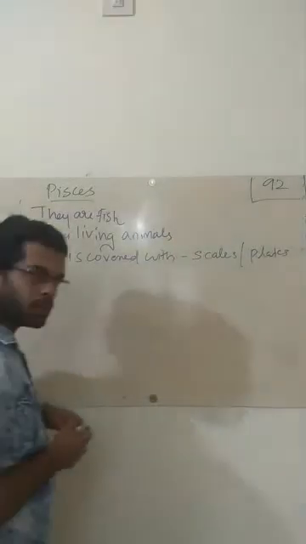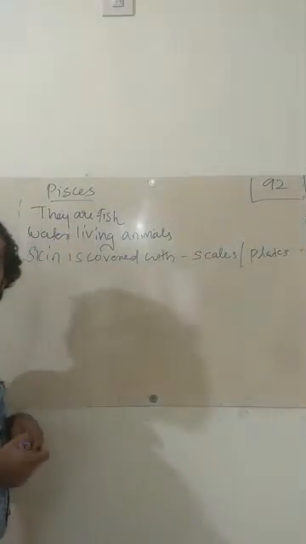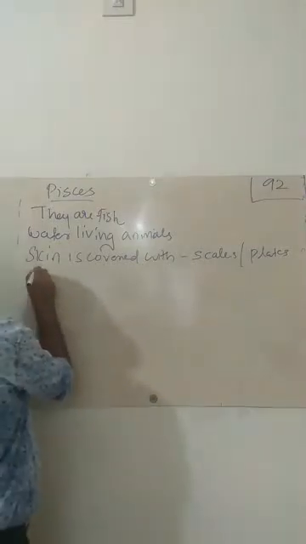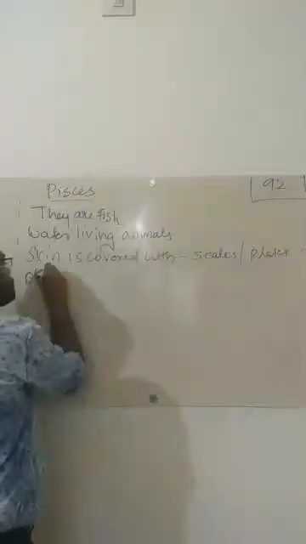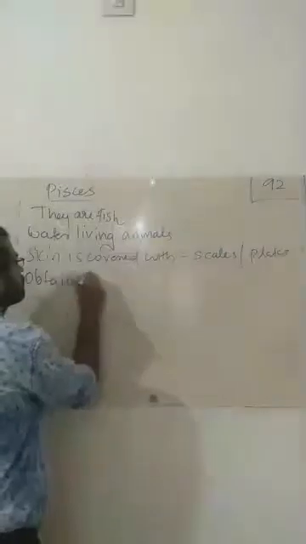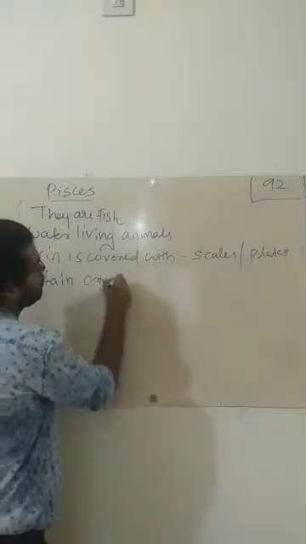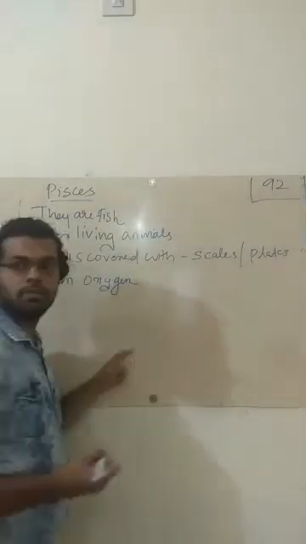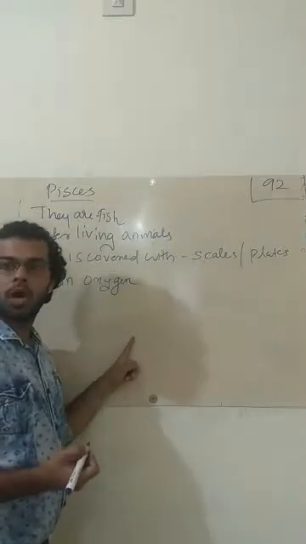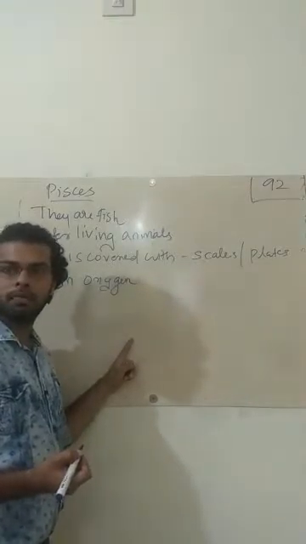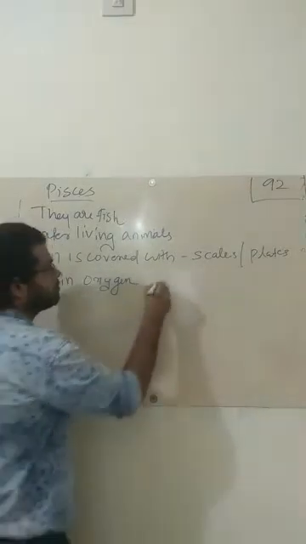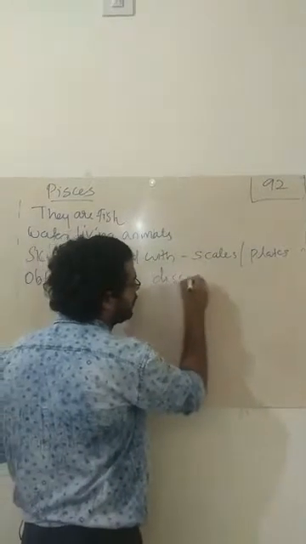They obtain oxygen dissolved in water by using gills.